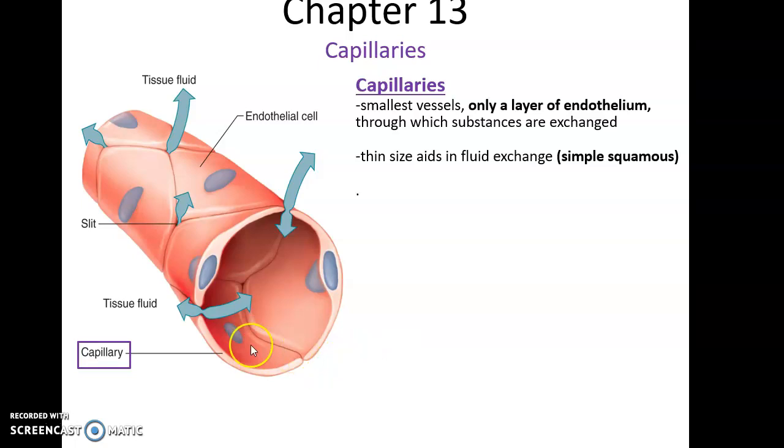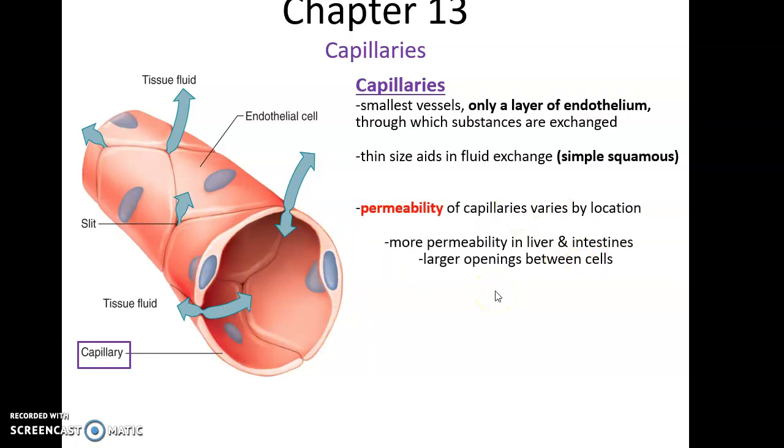It is basically just the simple squamous epithelium. So it is a super thin structure, and it allows fluids and other materials to pass in and out of it between the cells and sometimes through the cells. And their thin size allows for this fluid exchange. So again, they are just one thin cell thick.